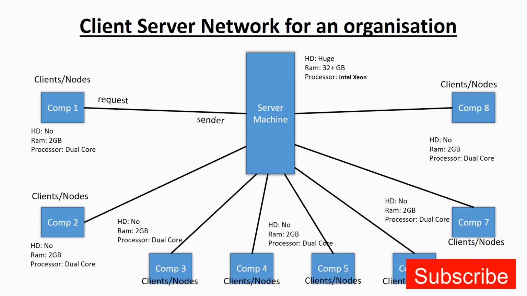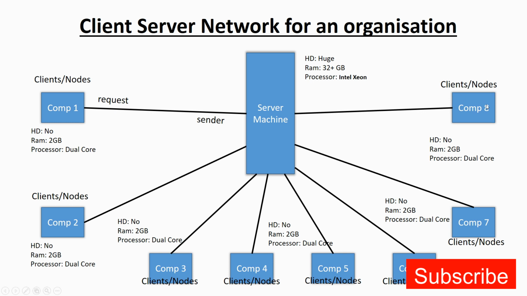Next comes the client-server network. Now over here, take a client-server network for an organization. Maybe you have an organization and a simple LAN, but even that LAN has a client-server architecture. In a client-server architecture, suppose there are around 8 PCs.